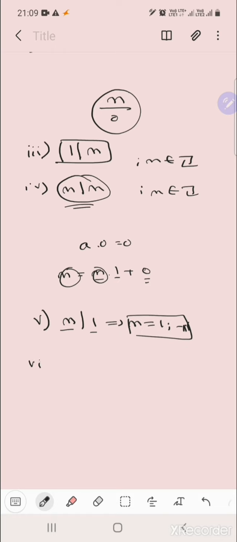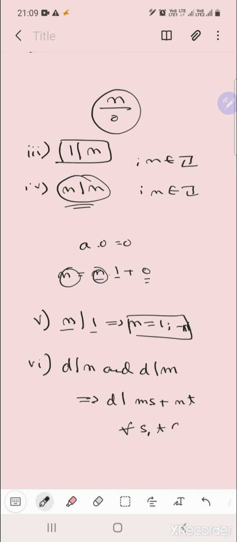Sixth property says that if d divides n and d divides m, this implies that d divides ms plus nt, for all s, t belonging to integers. Clear?